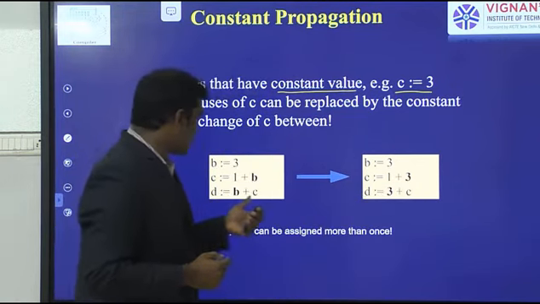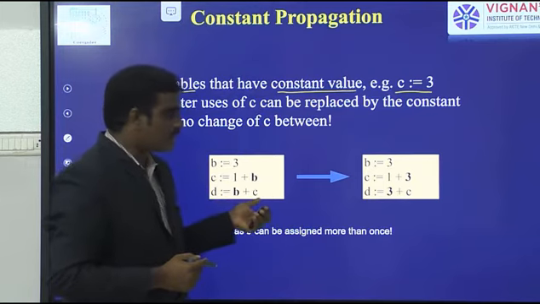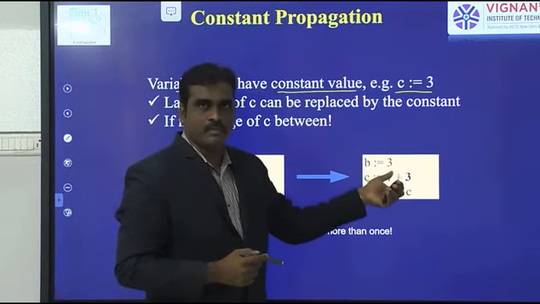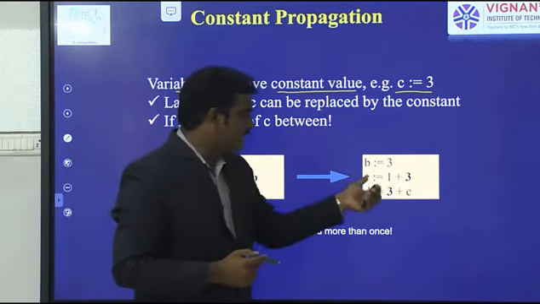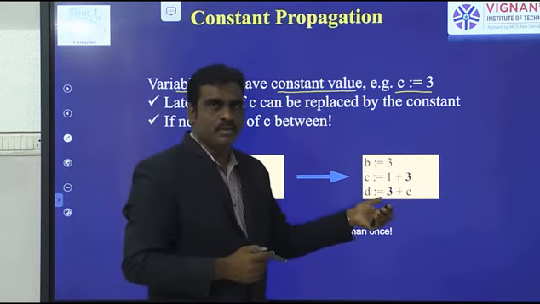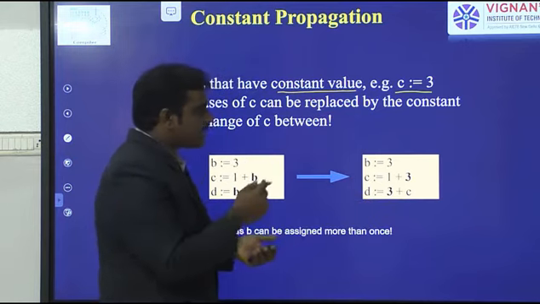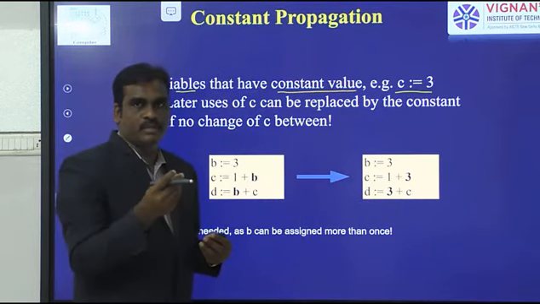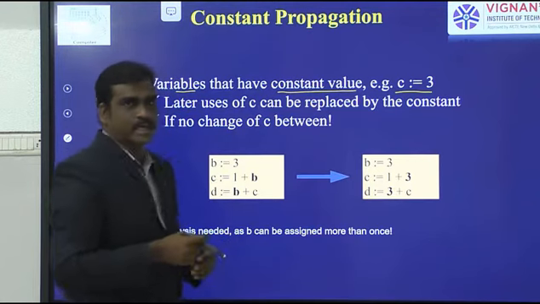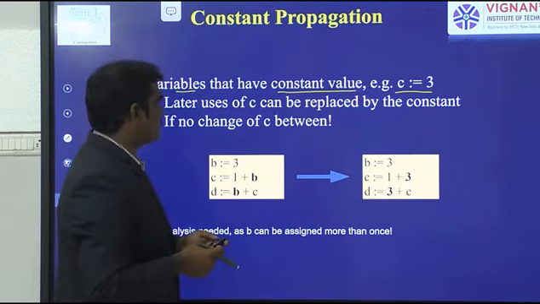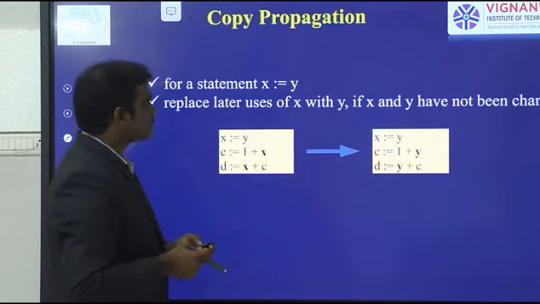Next, D equal to B plus C. What is the B value? 3. Instead of the variable B, we can directly write that value. In this way also we reduce some time. This is about constant propagation.